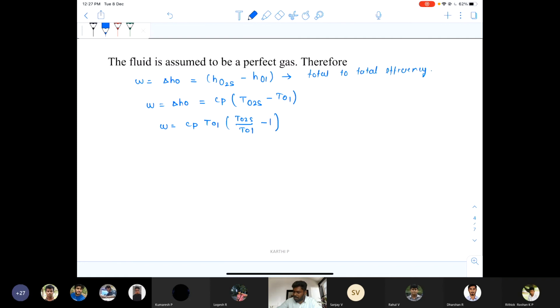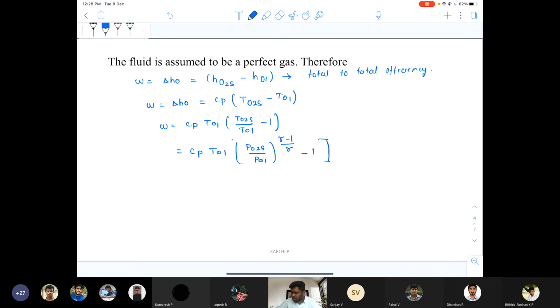This equation can be rewritten as Cp times T01 into P02S divided by P01 to the power of gamma minus 1 divided by gamma, minus 1.